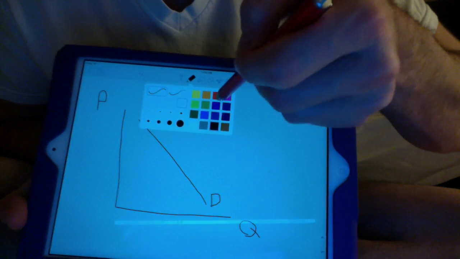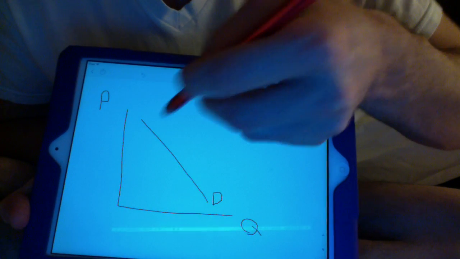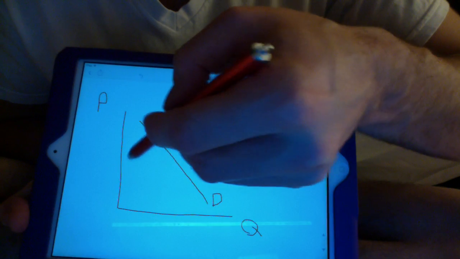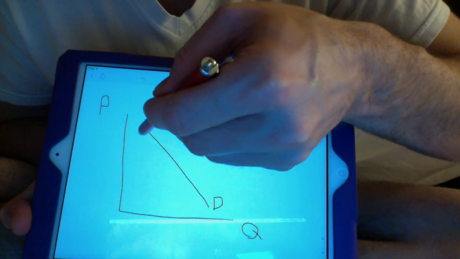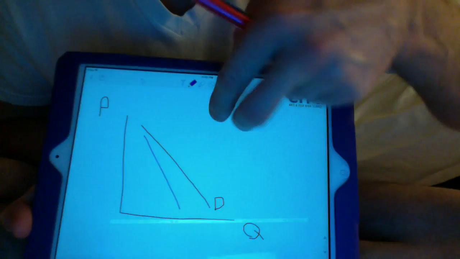So we're going to have marginal revenue. Let me just take a look back. I'm going to cheat for a second. Yep, marginal revenue, marginal cost increasing.